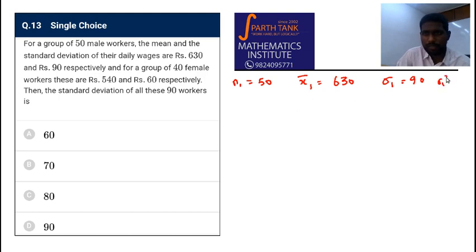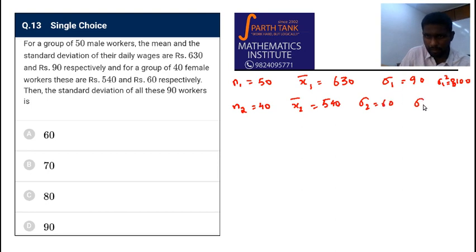The variance would therefore be 8100. And for a group of 40 female workers, these values are 540 and the standard deviation is 60, so the variance is 3600.